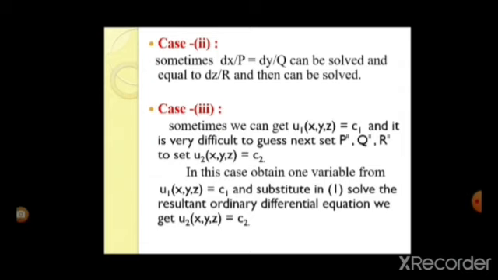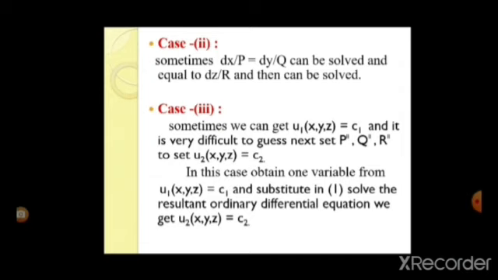Coming to the third case, it is somewhat difficult compared to cases 1 and 2. In case 3, sometimes we get the parameter family of curves u1(x, y, z) equal to c1, and it is very difficult to guess the next set of functions, that is p double dash, q double dash, r double dash.